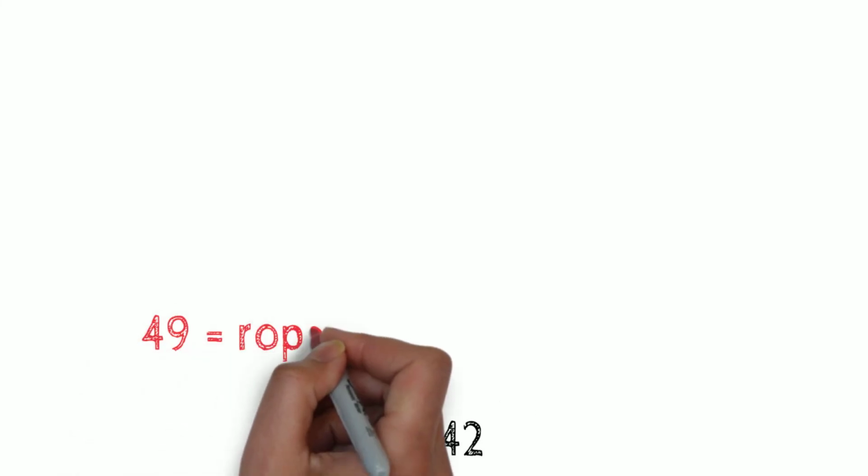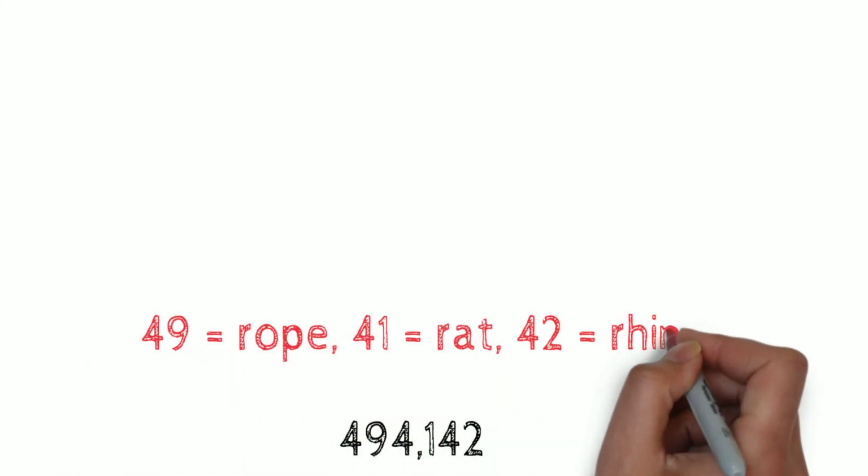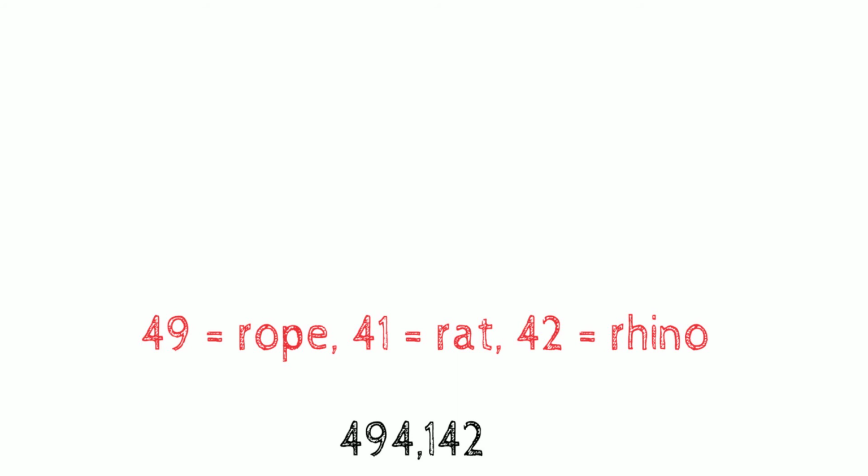We'll start by breaking down the number like this. We'll take the first 2 digits, 49, and we'll use the word rope to represent it. We'll proceed to the next 2 digits, 41, and we'll use the peg word rat to memorize it. And we'll finally go to the last 2 digits, 42, and we'll use the peg word rhino to represent number 42.